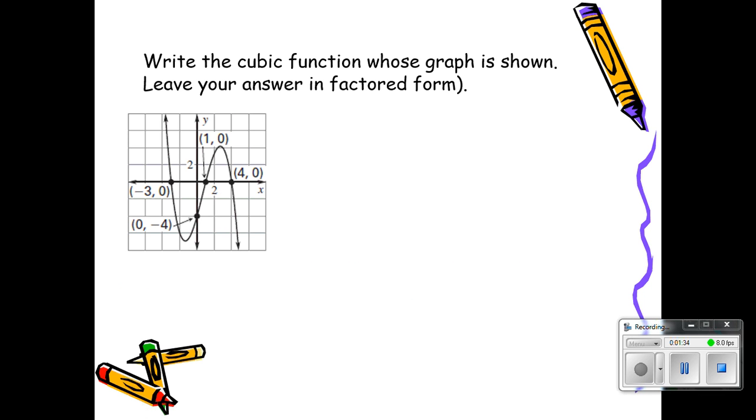Now when I look at this graph, I know a few things about it. I know that it crosses the x-axis in 3 places: 1, 2, and 3. I know that it has 2 turns, therefore it should be an x to the third, which is a cubic function. Okay, so we're on the right track because we want a cubic function.